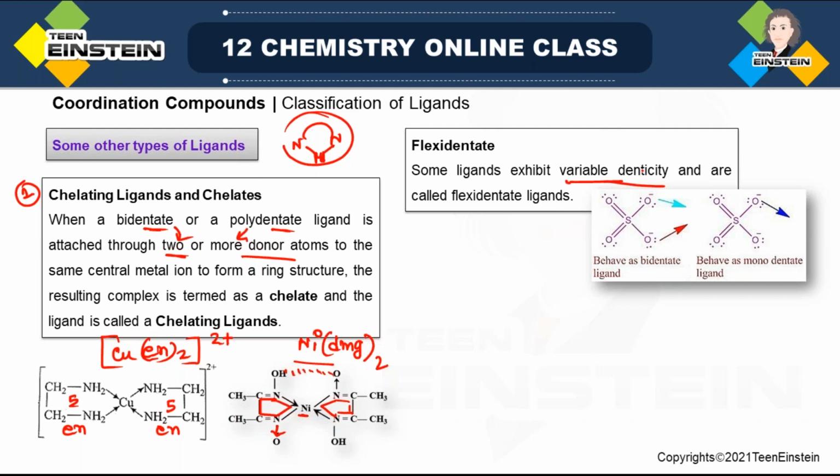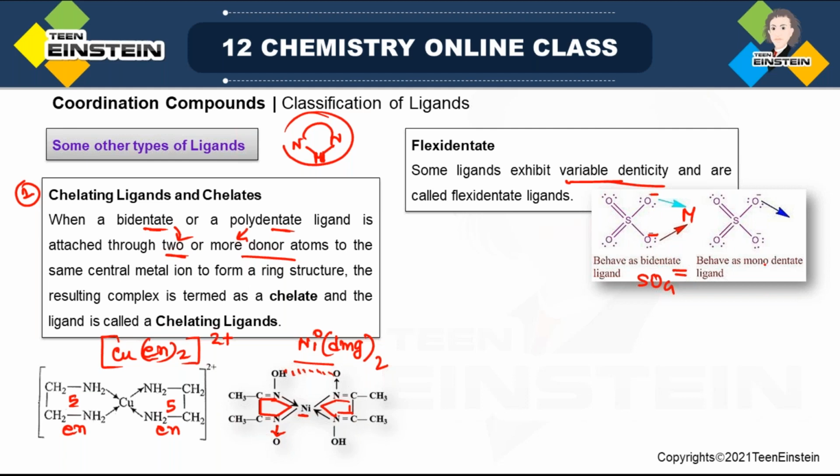So take this example. This example is basically the sulfate ion, SO4 2 minus. Now these two O minus are the donating sites, but both may not be used simultaneously. If they are used together, it will form this type of ring structure, because it is now behaving as bidentate.